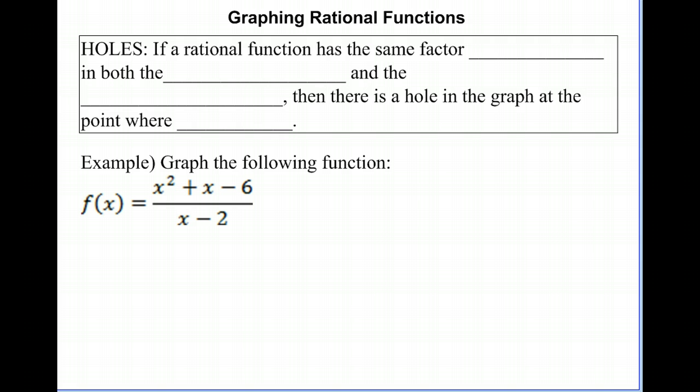So we're going to go through first how to find each of these things, the holes and the asymptotes, and then look at what their graphs look like. So first off, a hole exists if a rational function has the same factor. It's going to look like x minus b in both the numerator and in the denominator.